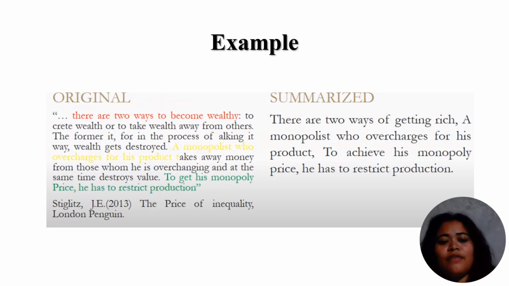You can identify with the color red the one important thing. With the color yellow, you can identify another important thing, and with the color green, you can identify the most important things, with 3 ideas.